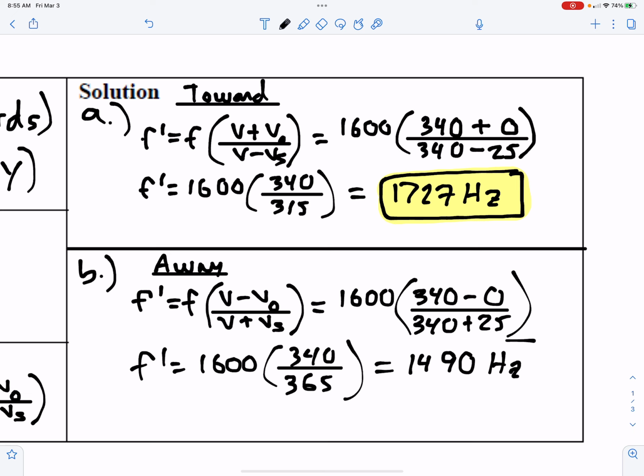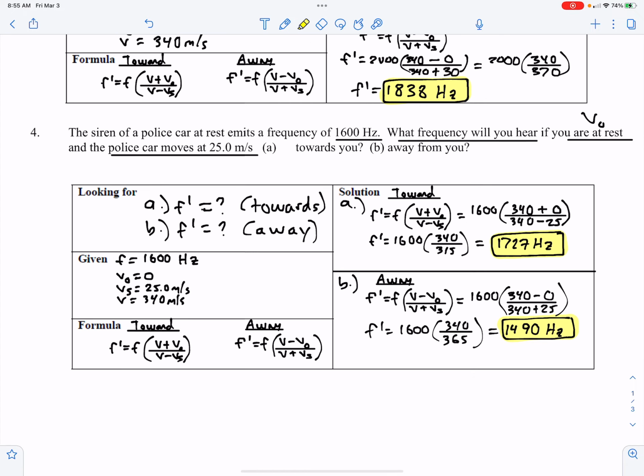So again, we're looking at a little bit more than 100 hertz greater as the police car approaches the observer, and a little over 100 hertz less than 1,600 as the police car is going away from the observer.